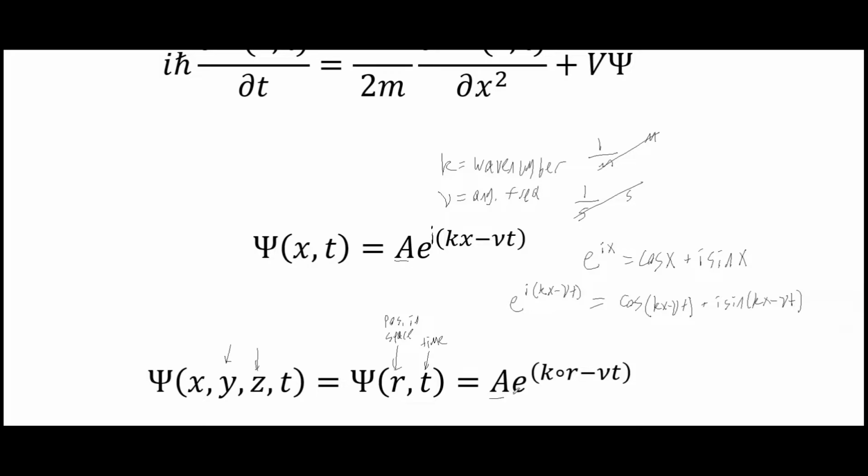We still have the amplitude here, but now we see that instead of just k multiplied by x, we have k dot r. And so in this case, the k and r are actually going to be vectors, because now we can't just have our wave like this, where there's just this one direction of space here.